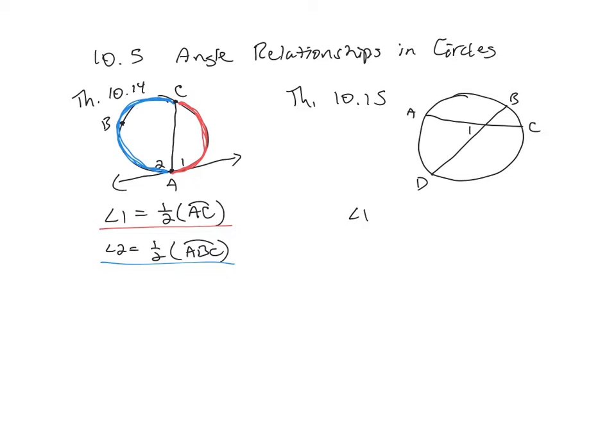So angle 1 is half the arc AD plus the arc BC. So it's still half the arc, it's just half of 2 arcs. So basically what we're looking at is, I think it might say intercepted arc and the opposite arc.